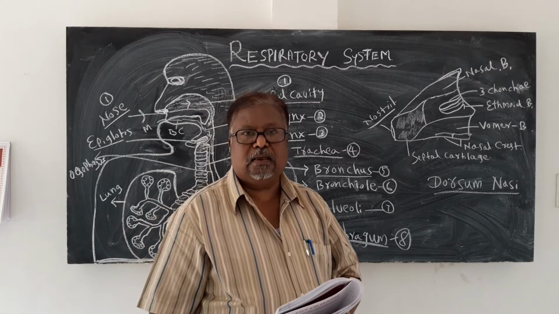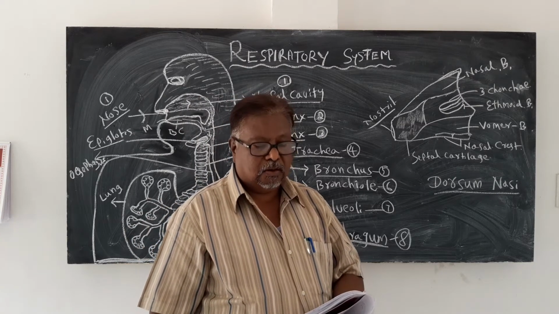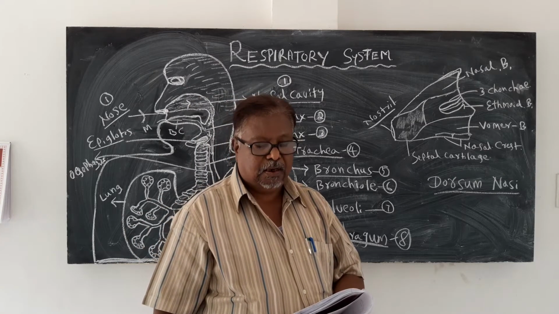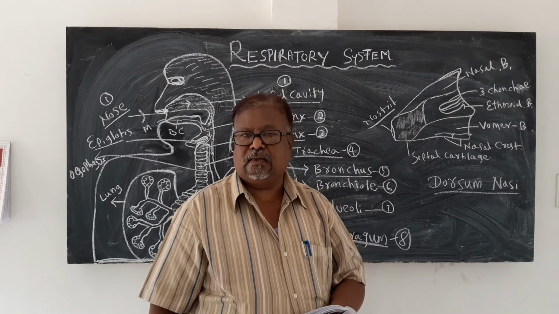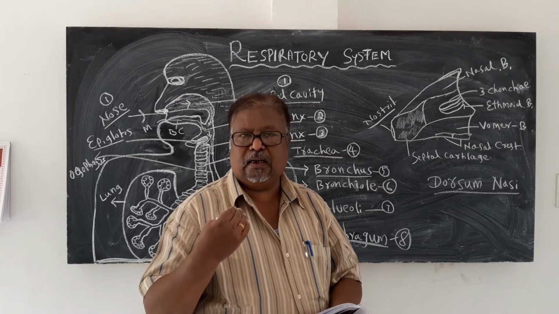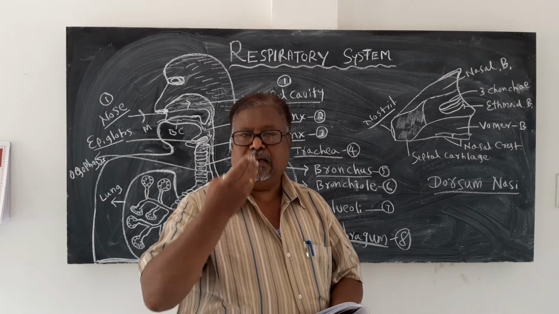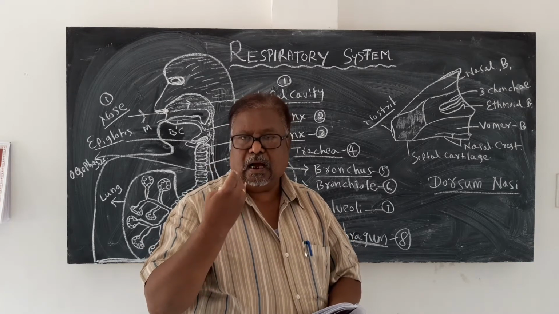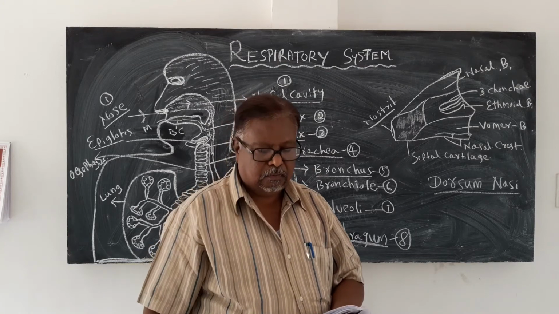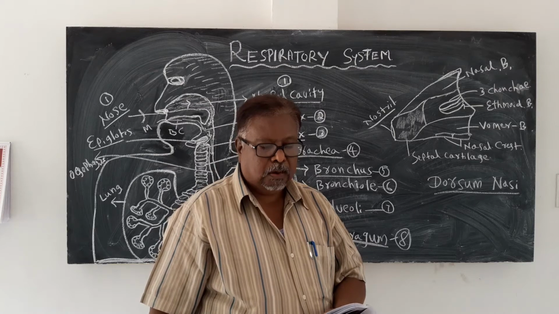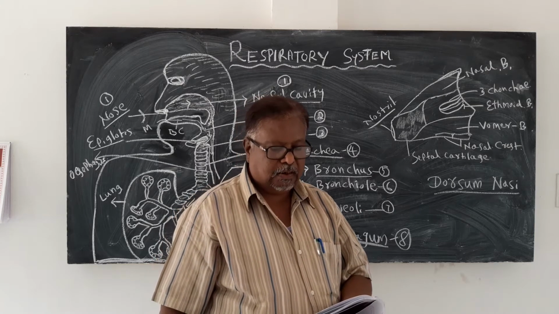Bones are also present in the nasal region. The cartilages are the superior and inferior cartilages and the septal cartilages. Superior and inferior cartilages are there, and the partition wall is there. Apart from that, bones are also present in the nasal region. So this is all about the nasal region.